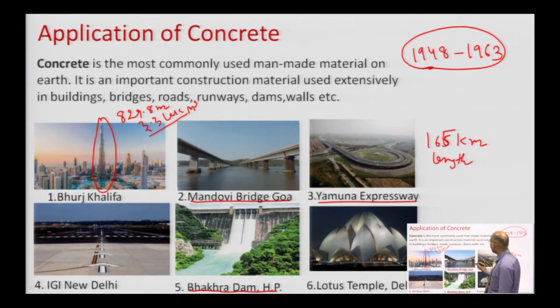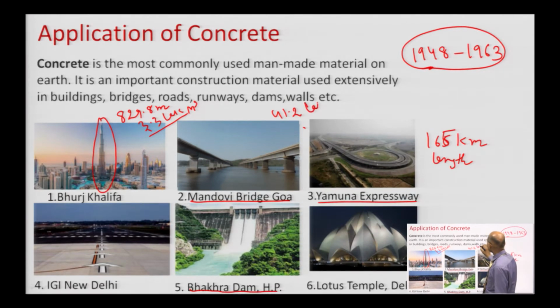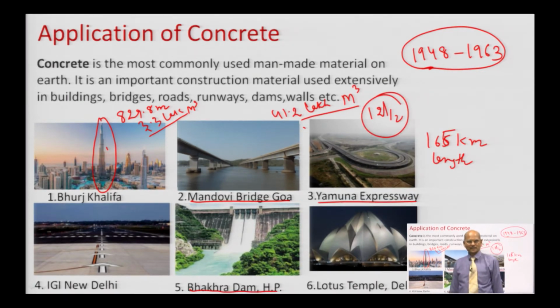It has consumed about 41.2 lakh cubic meters of concrete. Compared with the Burj Khalifa, which consumed about 3.3 lakh, almost 12 and a half times more concrete was consumed in Bhakra Nangal Dam.